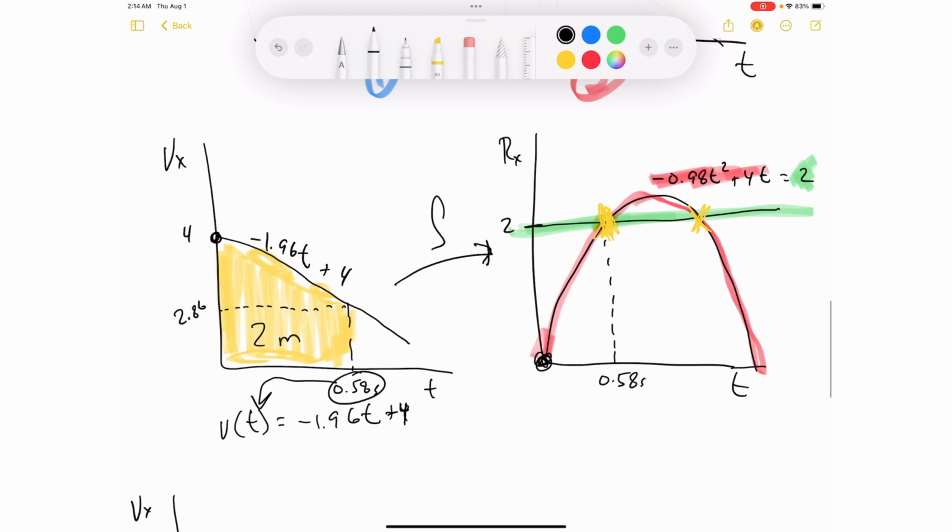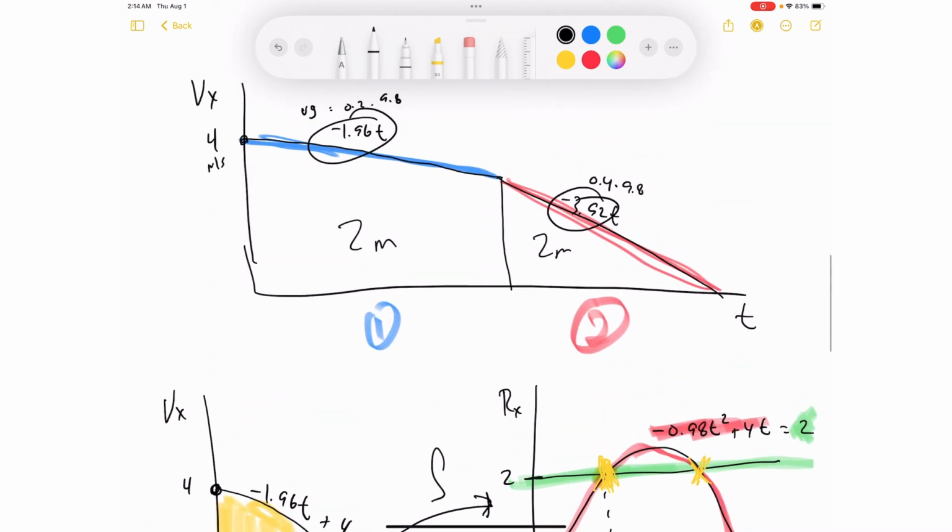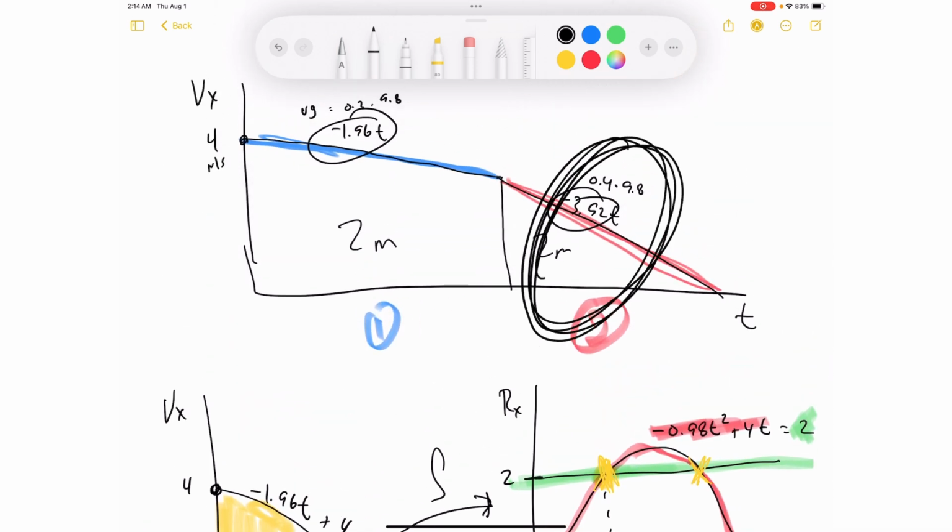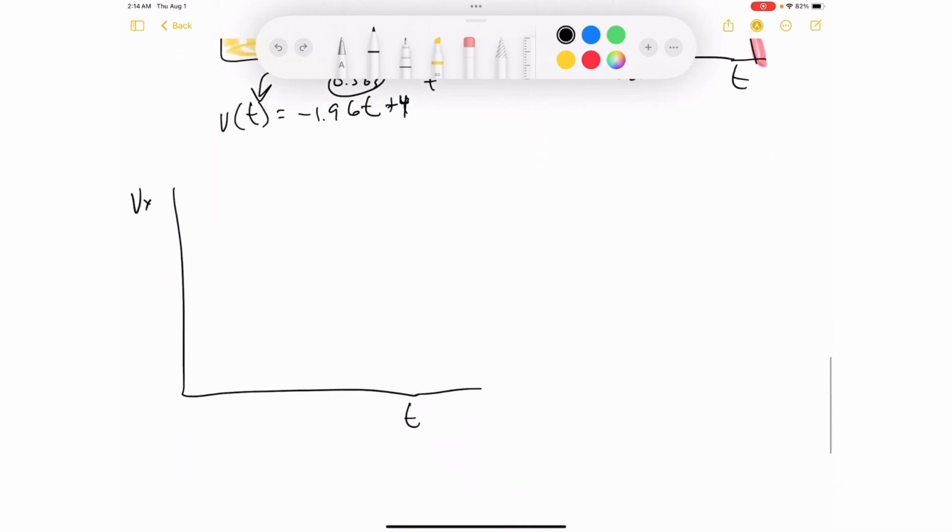Now this function, we already had it right here: negative 3.92, that's your mu times g. So it's somewhere here, and it's negative 3.92t. It's negative because remember the acceleration is going to the left, from right to left.